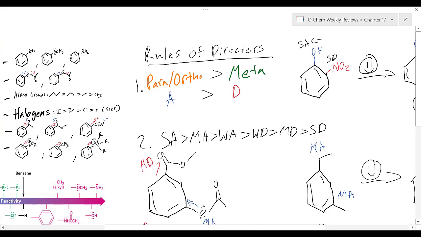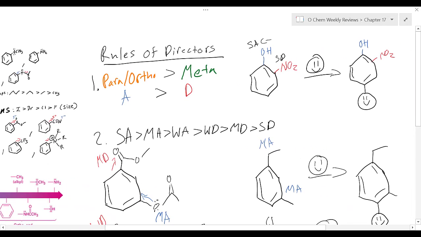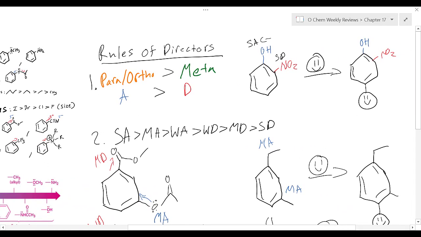Alright, so there are 2 rules for directors, okay? So this is what happens when we have 2 different groups, okay? So let's say I have an activator and a deactivator, such as OH and HNO3, okay? If I have both of these groups, if I add a 3rd substituent, now it doesn't matter what substituent I add.